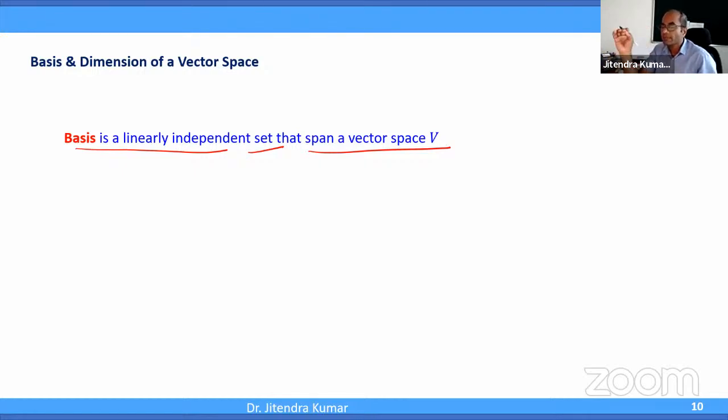That means any vector from the vector space V can be expressed as a linear combination of these given vectors. But there is an additional requirement that they have to be linearly independent. So a spanning set is not enough, but a linearly independent spanning set is what gives you the basis.